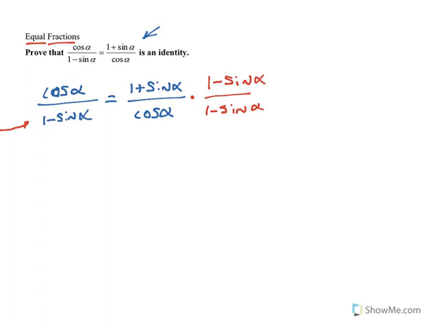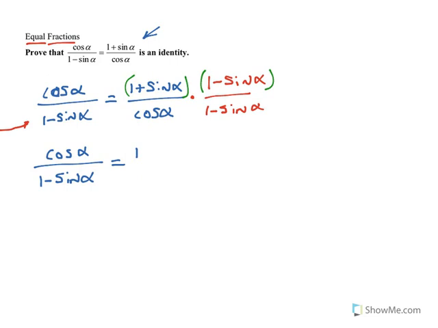And that's going to get us to this step. On the left, we still have our cosine alpha over 1 minus sine alpha equals, if I multiply these two binomials together, you're going to get 1 times 1, which is 1. This is a difference of two perfect squares pattern, since you have a plus and a minus, so it's going to be plus sine alpha and minus sine alpha, and those are going to cancel.